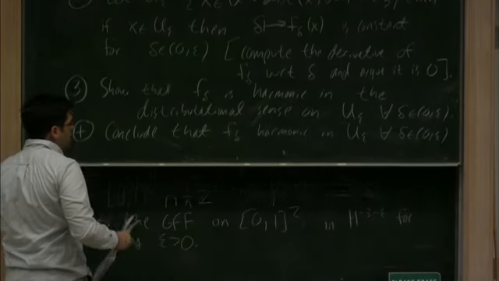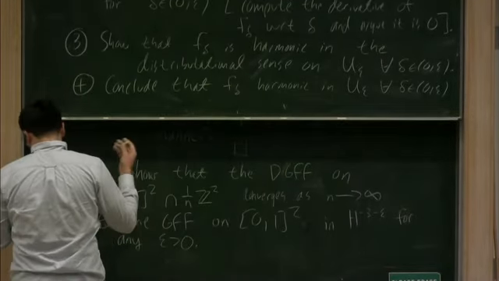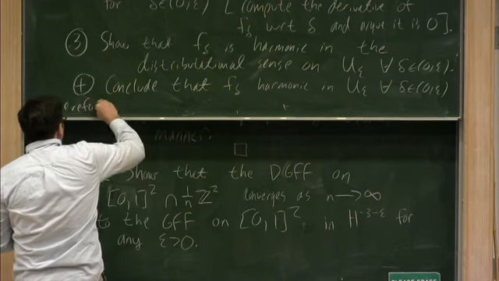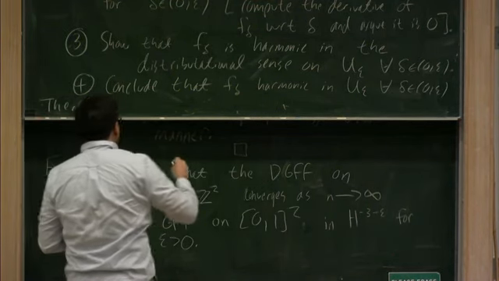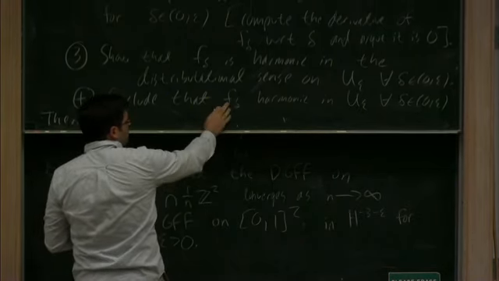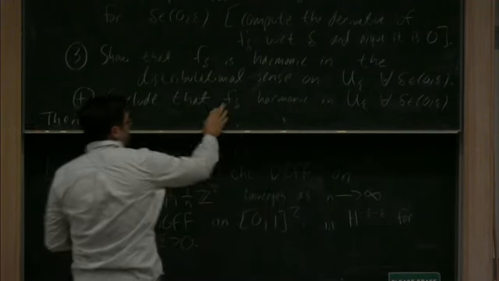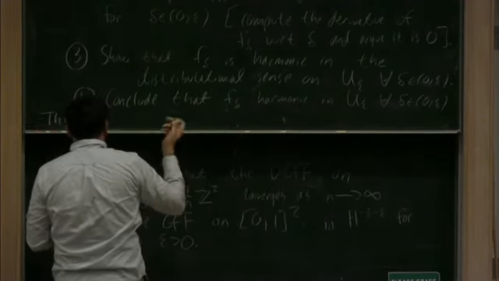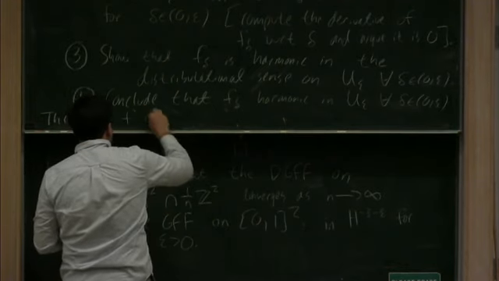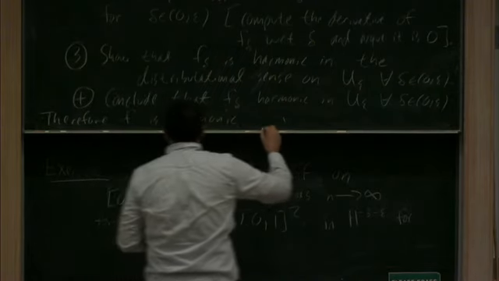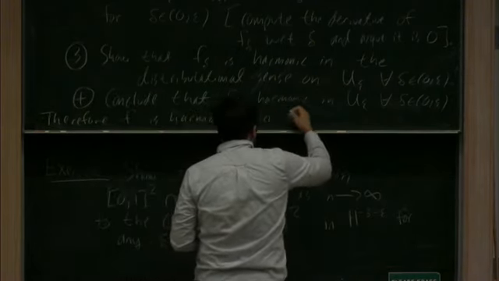And once you have that, then you're basically done, because you get that f is harmonic, because you know that f delta is both harmonic in U epsilon, but also doesn't depend on delta. So when you send delta to 0, this just converges to f. I mean, it is just f. So therefore, this function f is just harmonic in U.